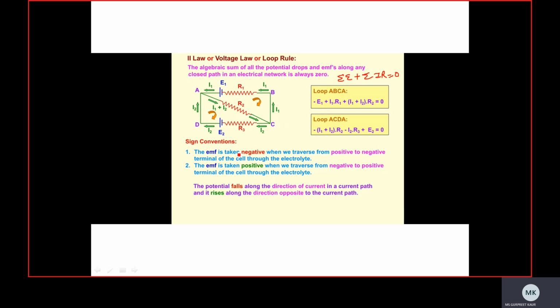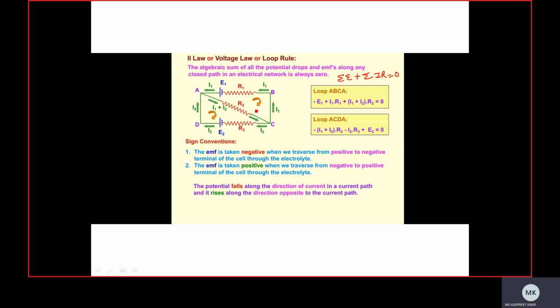So when you are moving opposite to the direction of current in a closed path, there will be a rise of potential across the resistance, so it will be taken with a positive sign.